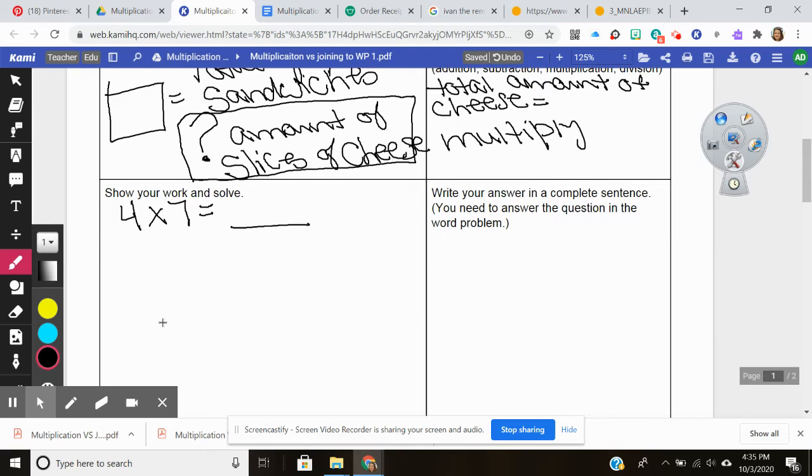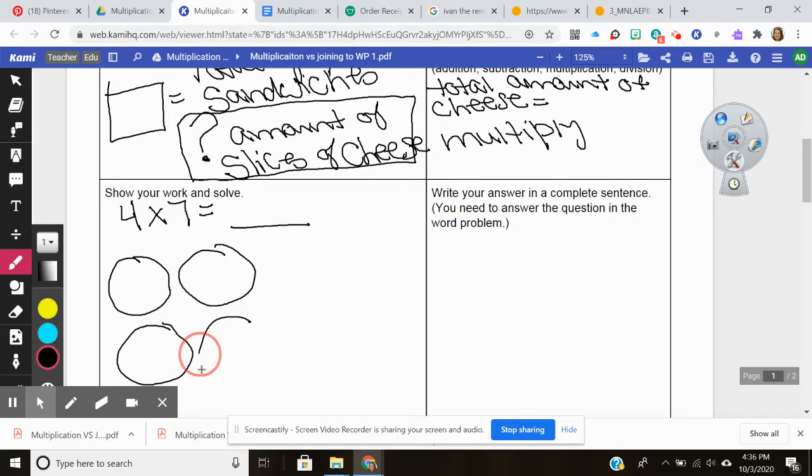So I can do it different ways because I need to show my work. Okay. So I can do 4 plus 4 plus 4. I could do repeated addition. Or I could, let's just do groups, equal groups. So I'm going to do 4 equal groups. 2, 3, 4.